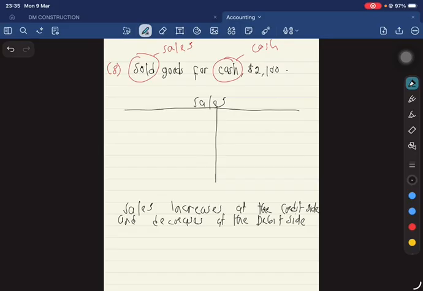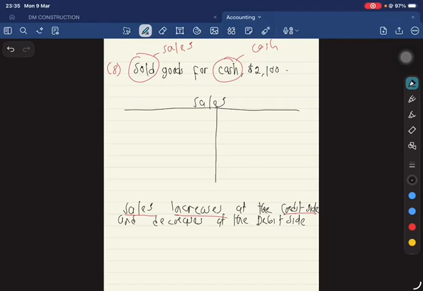It's going to increase. And per the accounting rules, when sales increases, we credit sales. So we're going to credit the sales account because it has increased. The effect is we made sales, so the sales of the business is going to increase.